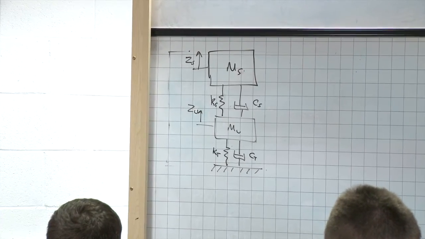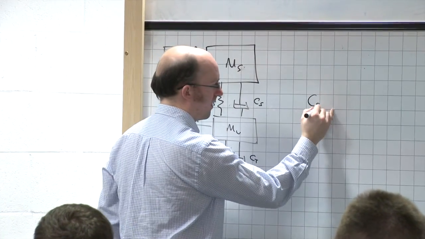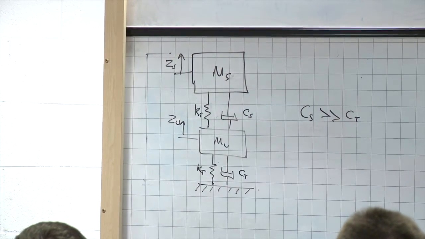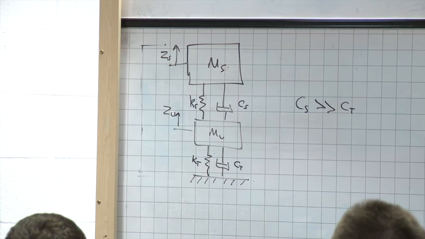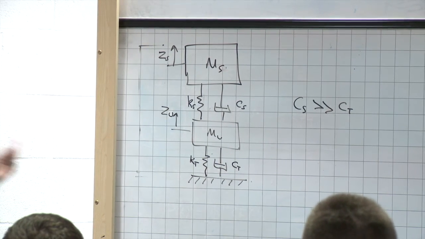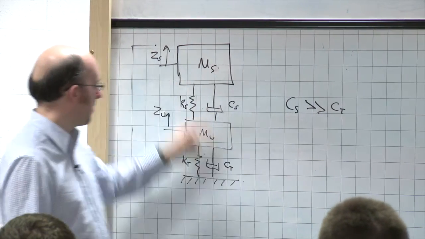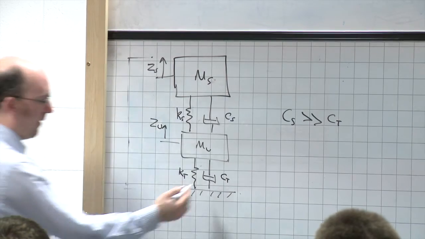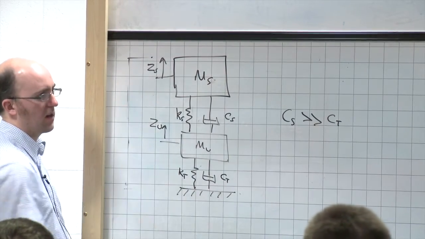Now normally with this problem, CS is much, much bigger than CT. Okay? And so what happens is your damping, C, is not going to be linearly proportional to your mass and stiffness matrices. This is much lower than this, and so you can't basically uncouple the equations.